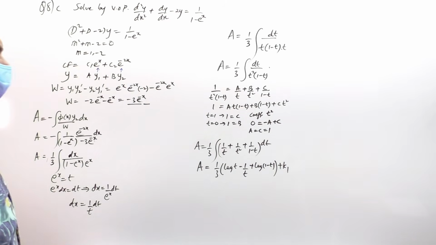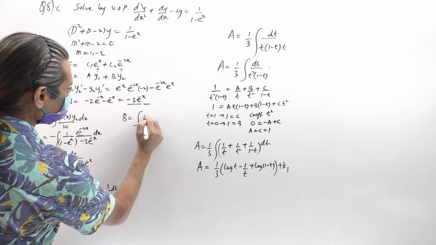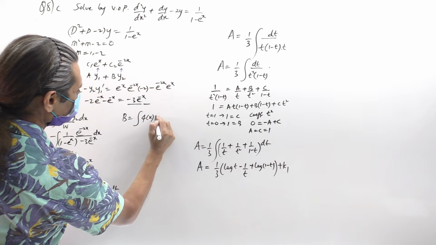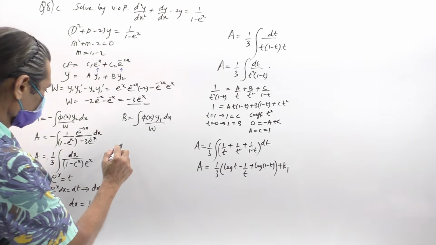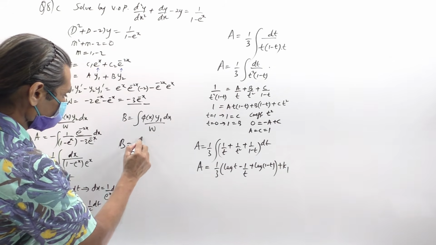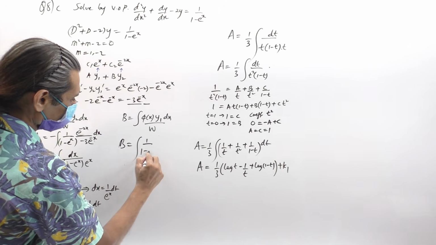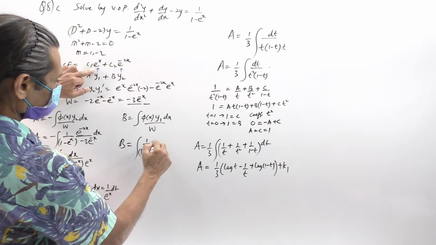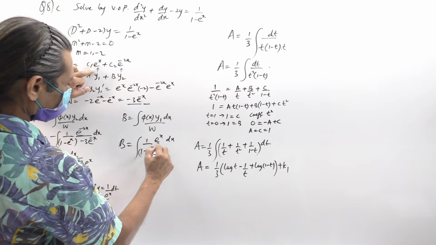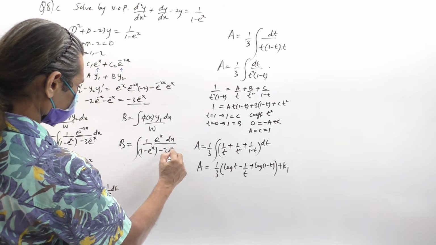So I found the value of A. Next let's find B. So B will be similarly integration of phi of x into y1 dx divided by w. What is phi of x? It is 1 upon 1 minus e raised to x, and y1 is e raised to x dx, divided by w, which is minus 3 e raised to minus x.